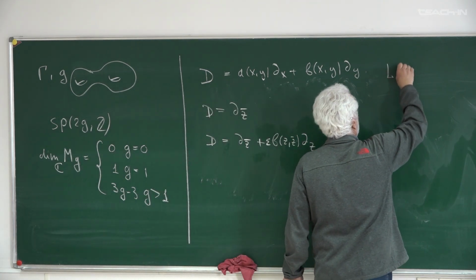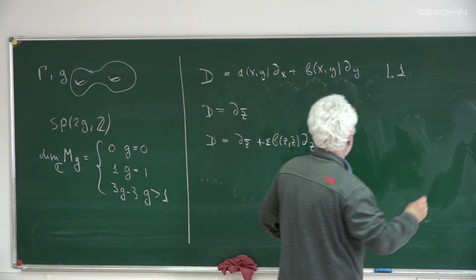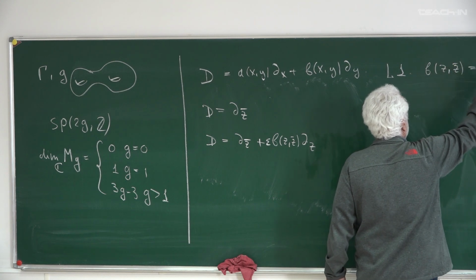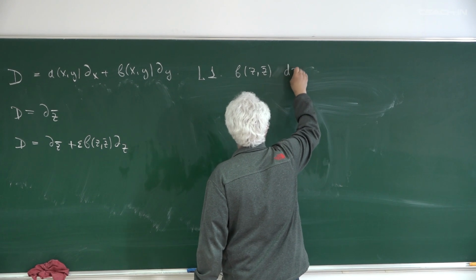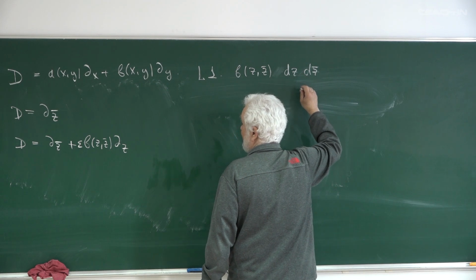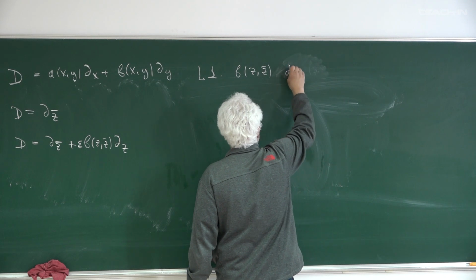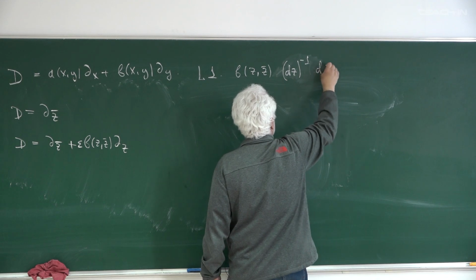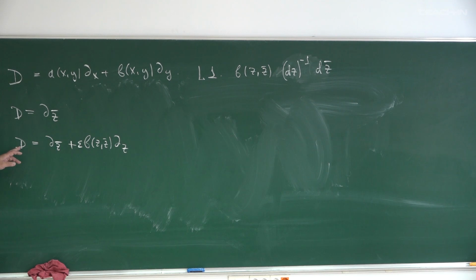Lemma 1. I decided to repeat the previous lecture a little. That B of Z, Z bar, is a tensor of the following type.